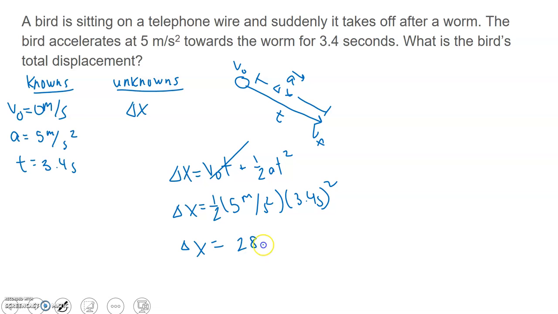This brings me to 28.9 meters, and we're asked for displacement, a vector quantity. So the bird ends up southeast of where he started.